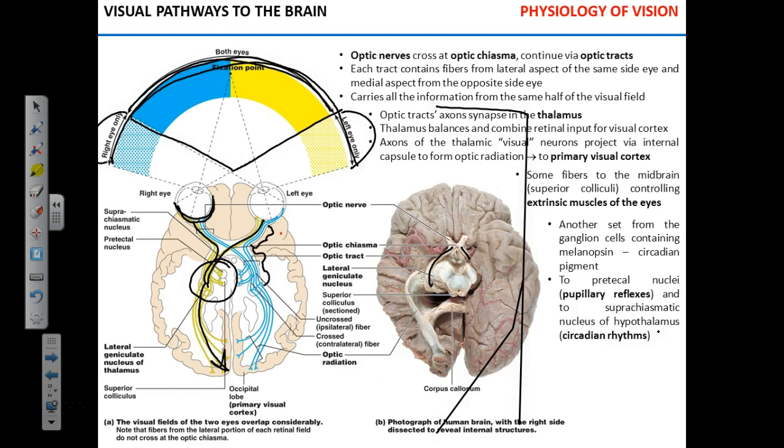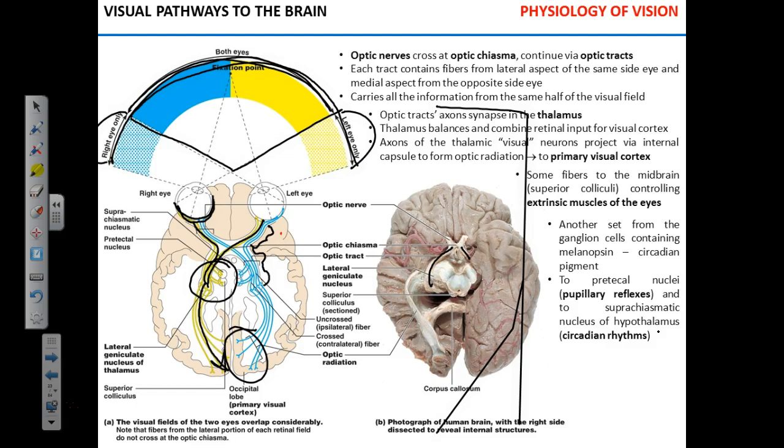Those fibers that go to the visual cortex in the occipital lobe will be responsible for your conscious perception of whatever you see. It's going to be primary and association cortices that will tell you what you are seeing. Is that red, blue, or green? You consciously perceive. Do you recognize it? All that kind of stuff.